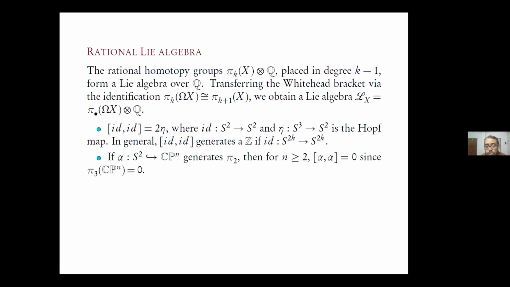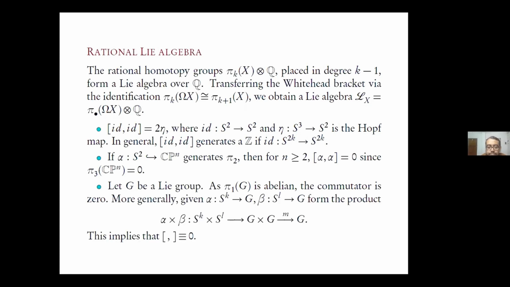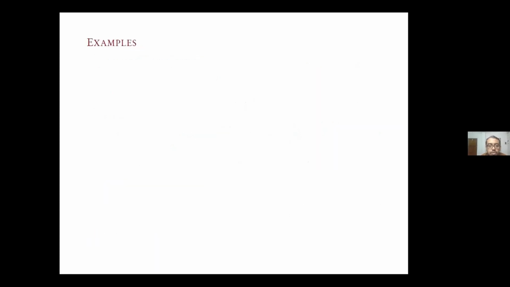Okay, so the D1 of the minimal model, the quadratic part, is capturing the rational Whitehead bracket. That's the point.